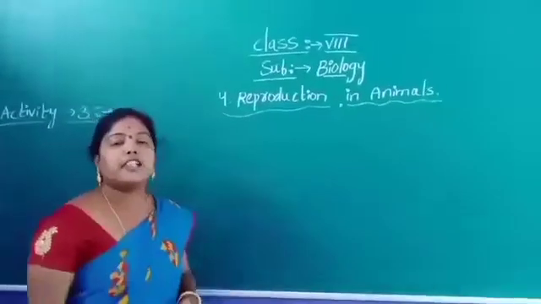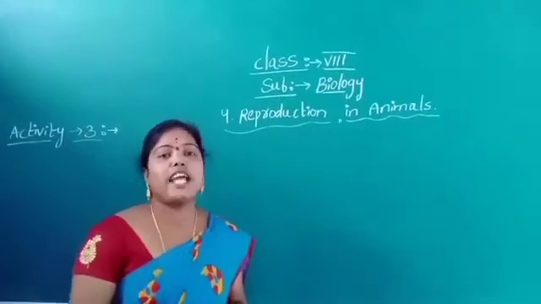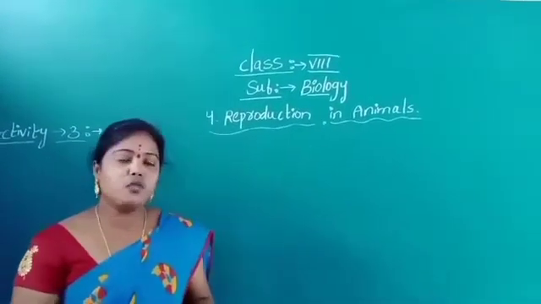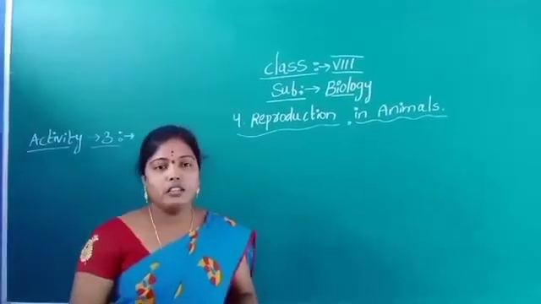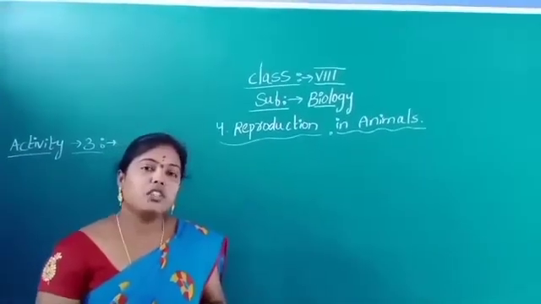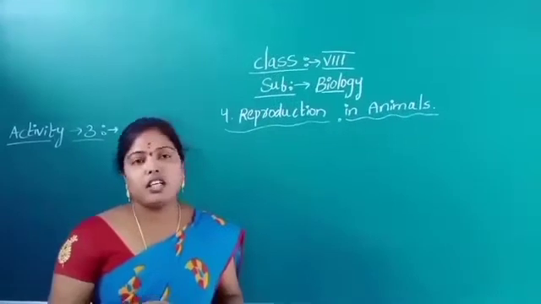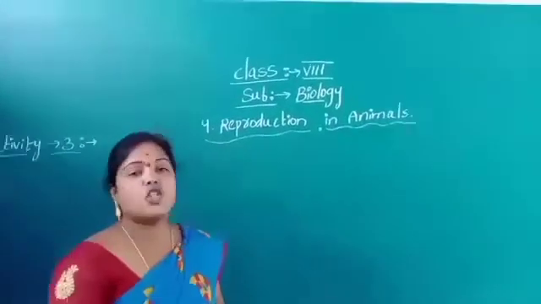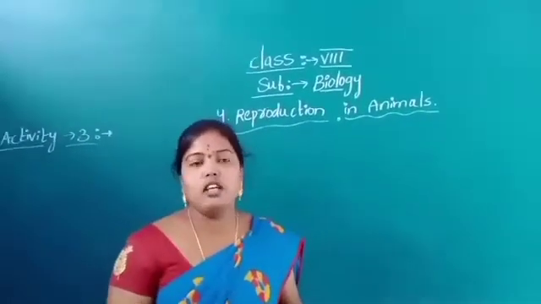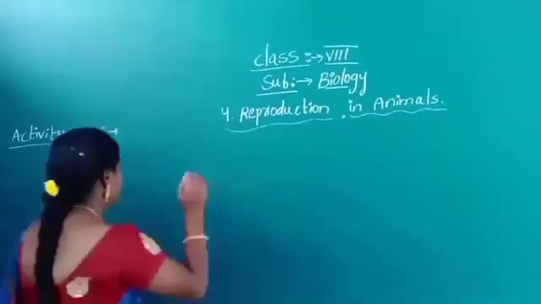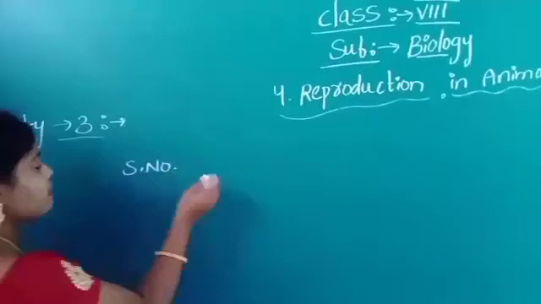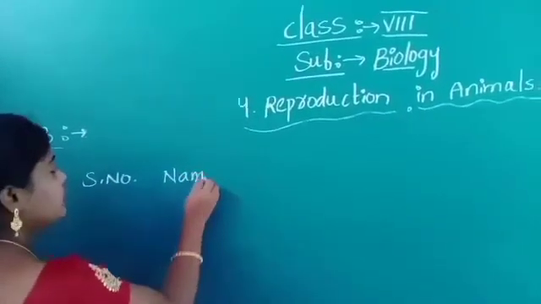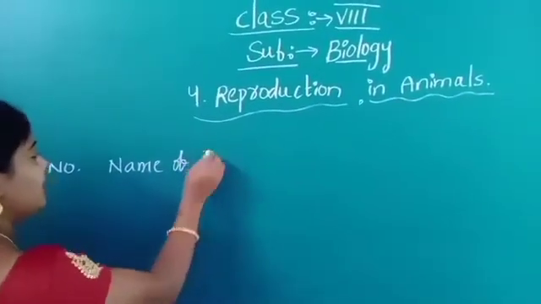Then next, activity 3. Form groups of 4 or 5 students in your class, and observe the features of your friends. For example, you will do this activity: first, serial number. Next, name of your friend.